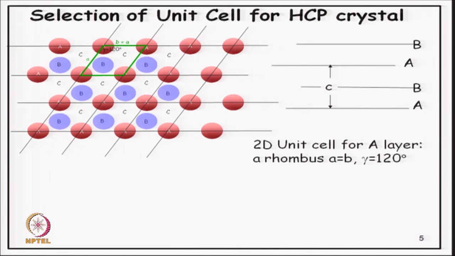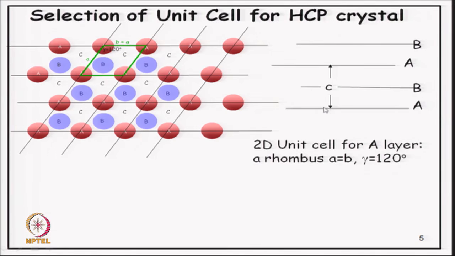Recall in our previous discussion in the very beginning, when we defined the unit cell, we said the corners of the unit cell should be the lattice points. So, we have the lattice points at A, B does not have any lattice point. So, our unit cell cannot end on B in the third direction. So, it has to go all the way to the next layer A to find the lattice point, and of course, A is exactly above the A below it.